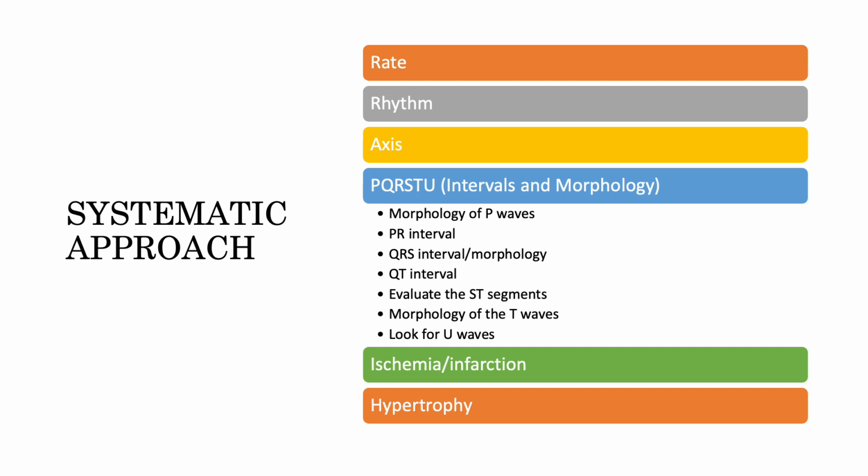And lastly, we'll talk about the criteria for right ventricular hypertrophy and left ventricular hypertrophy. We're going to go through most of this fairly quickly. I'll spend a little bit more time on bundle branch blocks, but for additional information after you get through the end of this workshop, we'll talk about ways that you can expand your knowledge near the end.